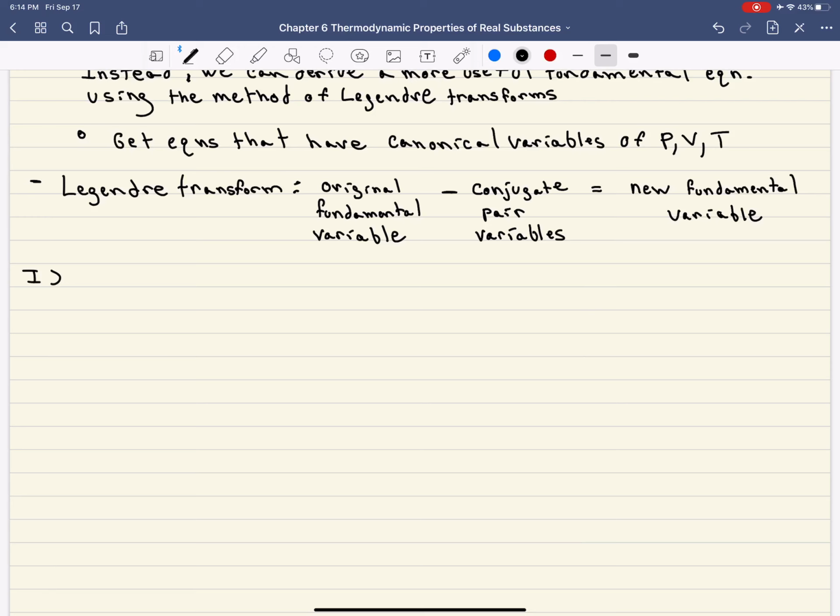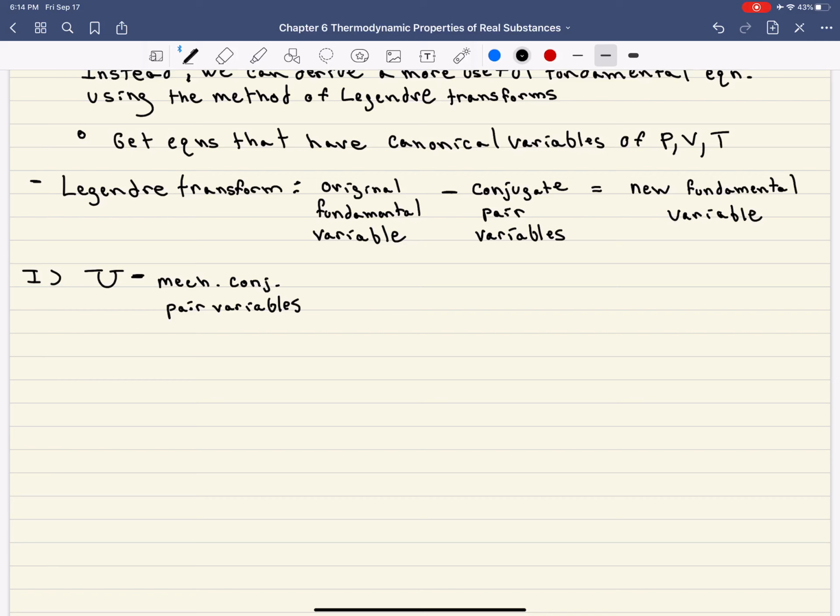Okay? And so let's take, for example, our fundamental variable of internal energy, and what we're going to do to it is subtract off the mechanical conjugate pair variables. Right?